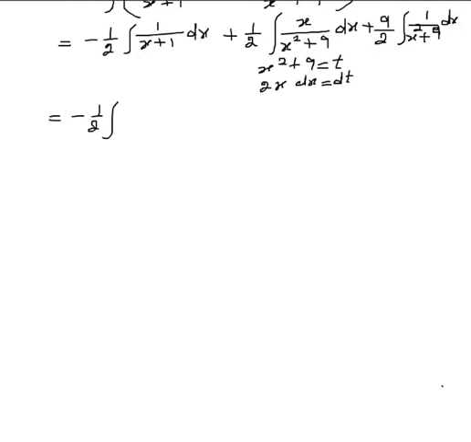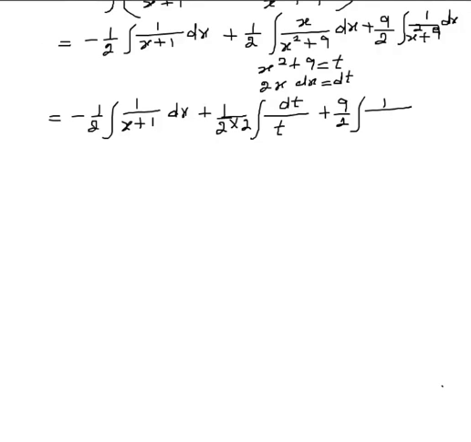The first integral is minus half integral 1 divided by x plus 1 dx. Half into, for the second integral we are using substitution. So x dx becomes dt divided by 2, divided by, the denominator is t. And the third integral, we are going to use the formula.